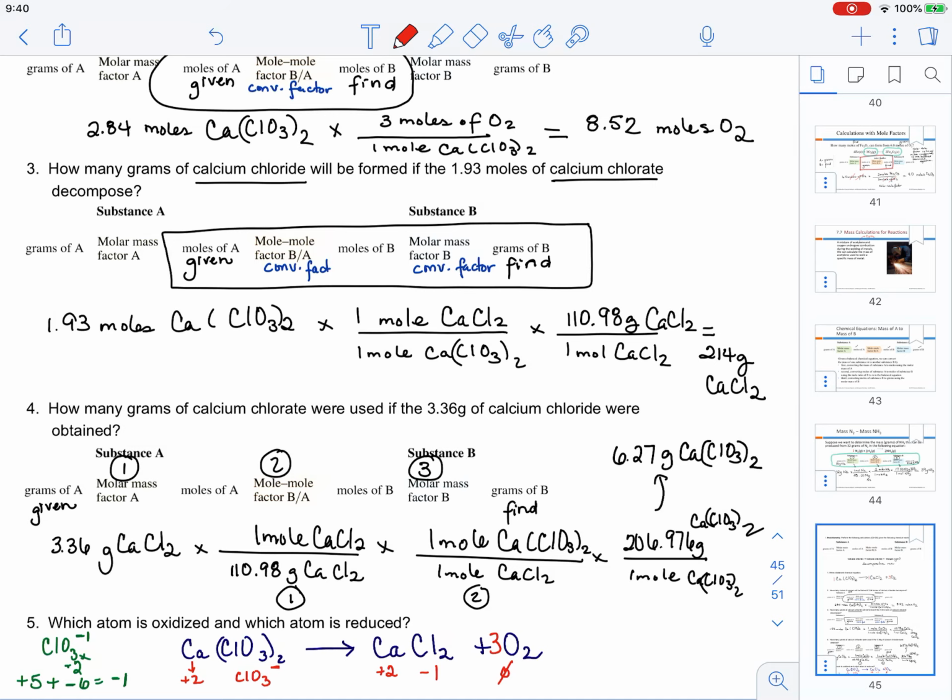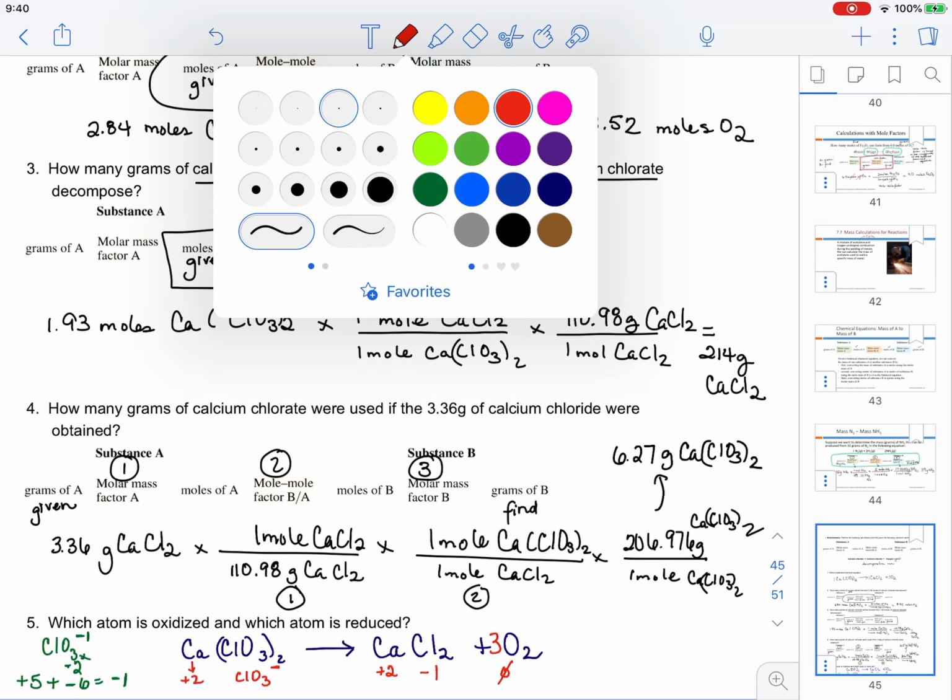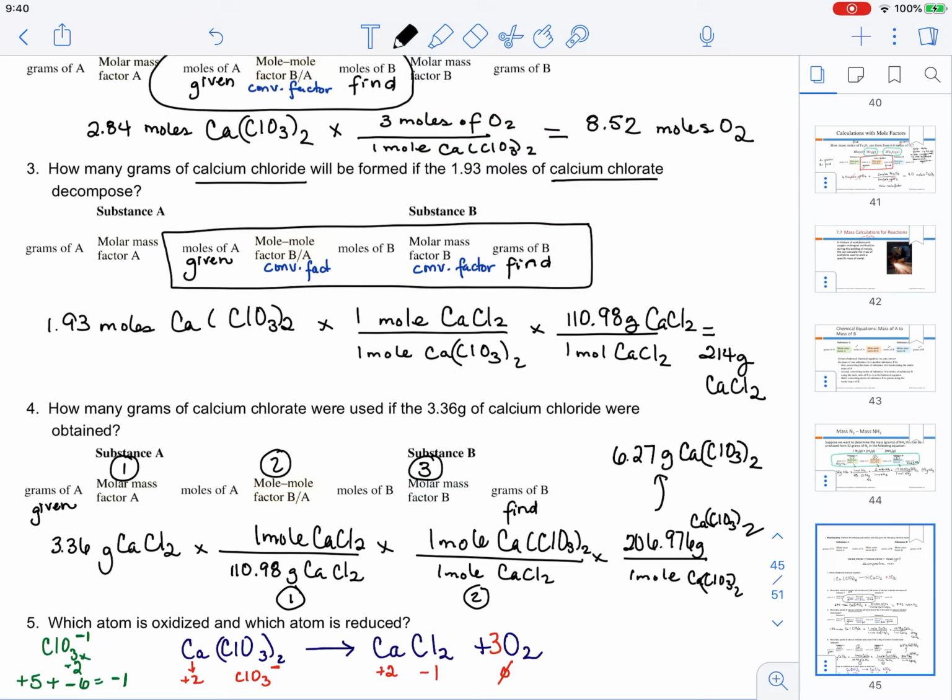So overall, if we make the list, calcium started at +2, it ended at +2. Chlorine started at +5 and it ended being -1. Oxygen started as -2, ended at 0.